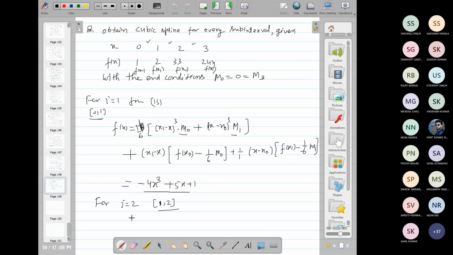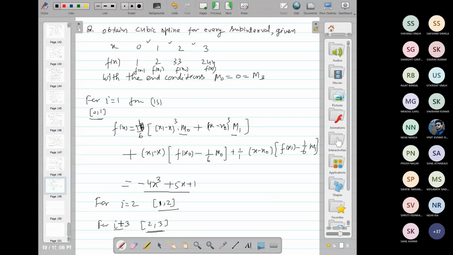Similarly, for i equal to 3, that is the interval 2 to 3, put i equal to 3 in 14 and 15, solve 14 for m, and then substitute the values of m, x_i and f(x_i) in equation 15. So you will obtain the cubic spline curve.